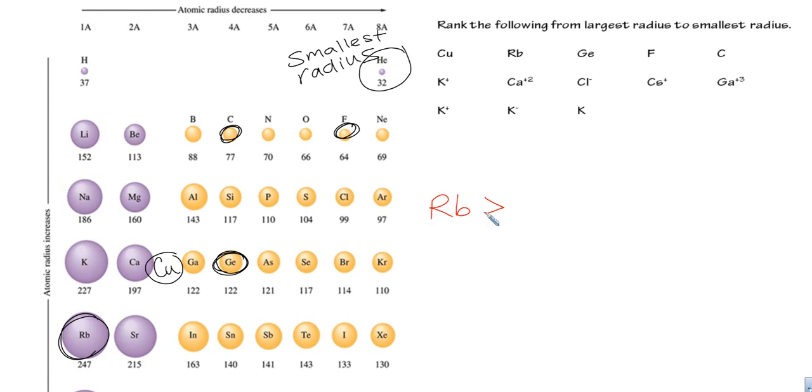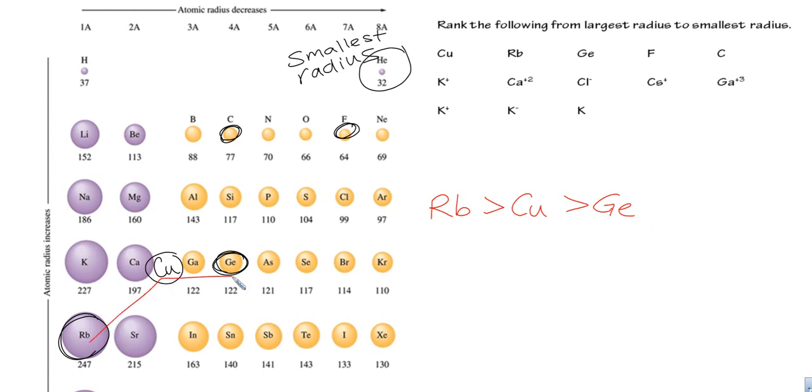They're both going to have electrons filling similar energy levels, but as I go across, germanium has more protons. So germanium's going to have a greater nuclear charge, meaning more attraction, smaller atom. So we're going to go rubidium to copper to germanium.